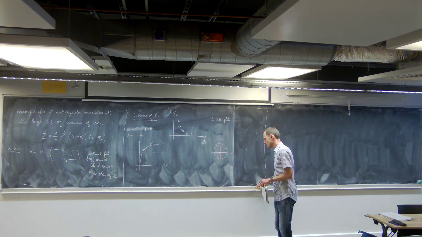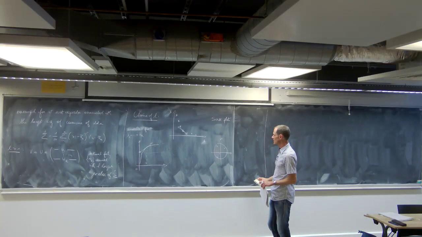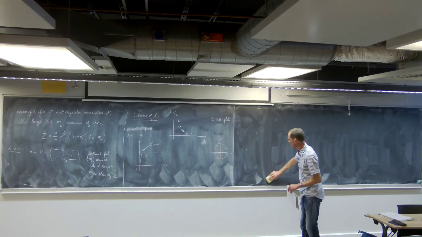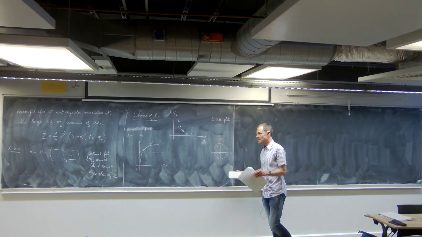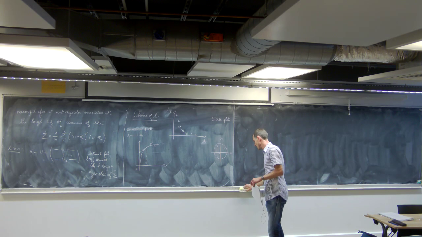But I'd say that's a bit too statistical a way of looking at things. If you do data science, it's important that you know more about PCA than what I just said.